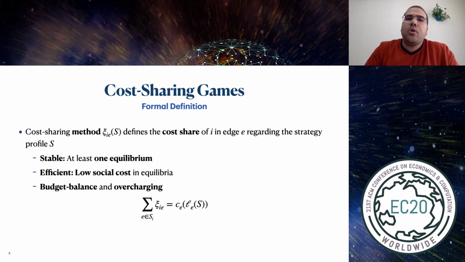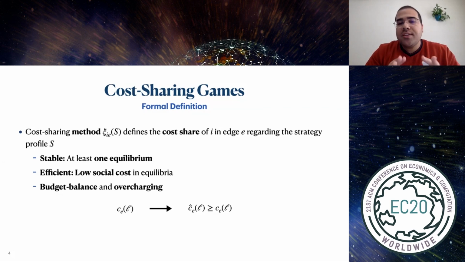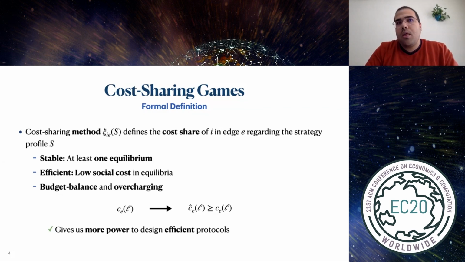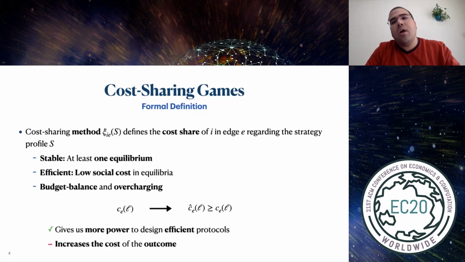In order to use overcharging, we define a new cost function on each edge, which is greater than or equal to the original cost, and we share these new costs among the players in our protocol. Using overcharging is some sort of a trade-off. It gives us the power to design more efficient protocols, but on the other hand, it increases the total cost of the outcome, which might not be good for us.